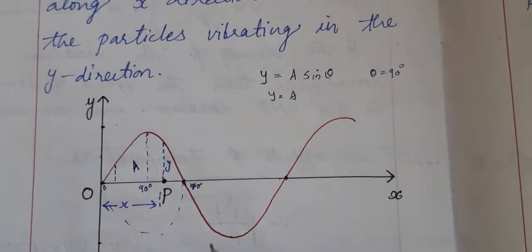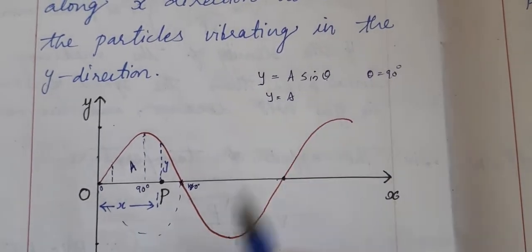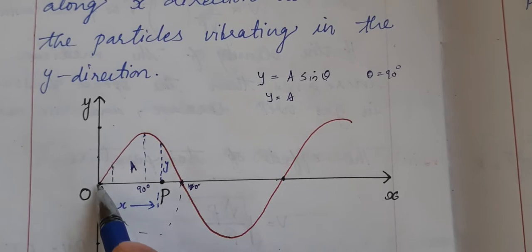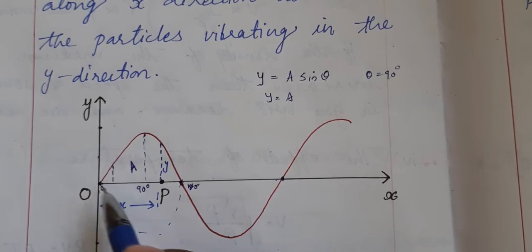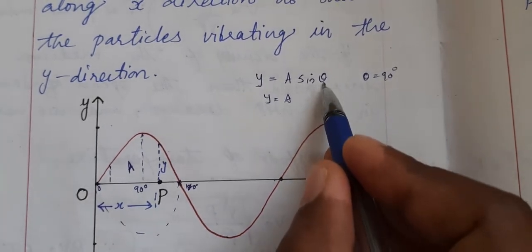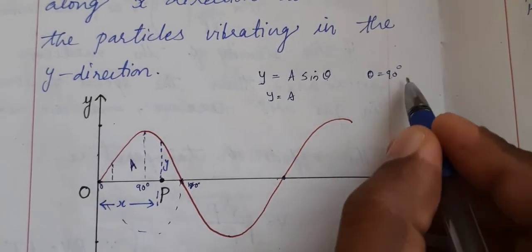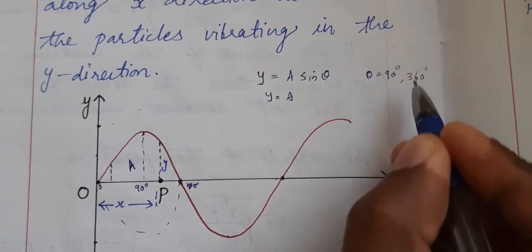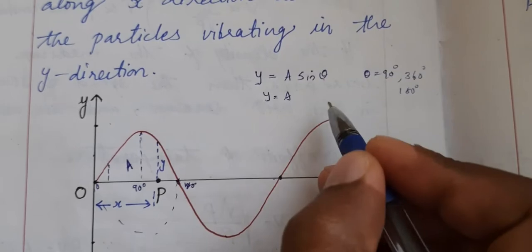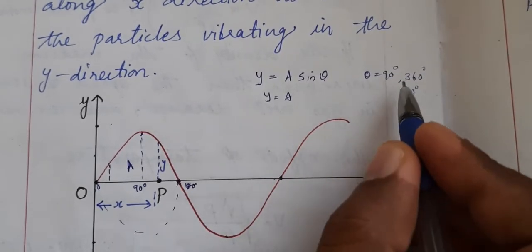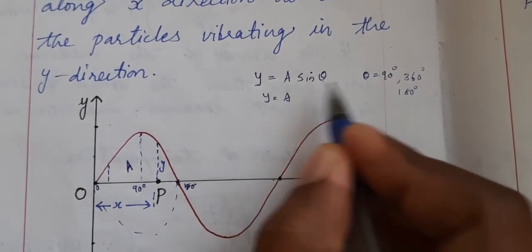That's how we take this equation in the form of sine theta. So for angle 0 and for the last angle 360, the height of this wave displacement is 0. So for theta equal to 0 degrees, 360 degrees or 180 degrees, we get a 0 displacement, that is y is 0. For 90 degrees, we get the maximum.